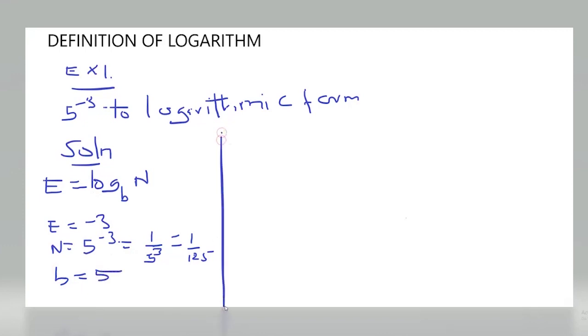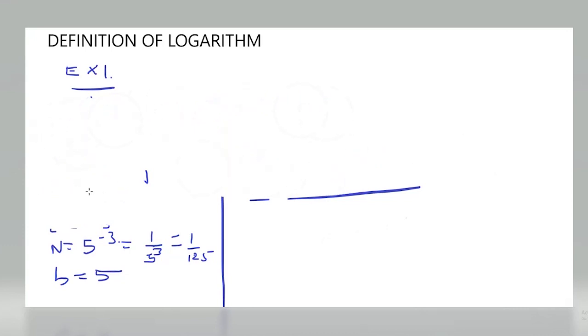Now by writing it in logarithmic form, negative 3, which is the exponent, is equal to logarithm of 1 over 125 base 5. This is the solution of the answer, and sometimes this question can also be given.